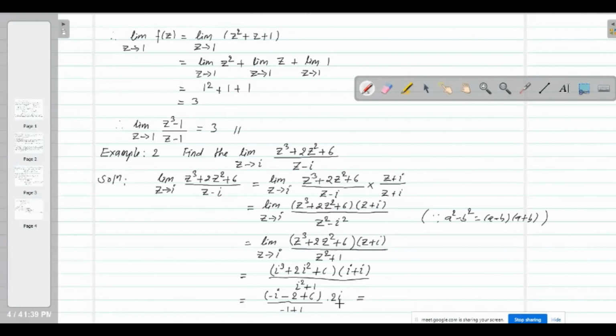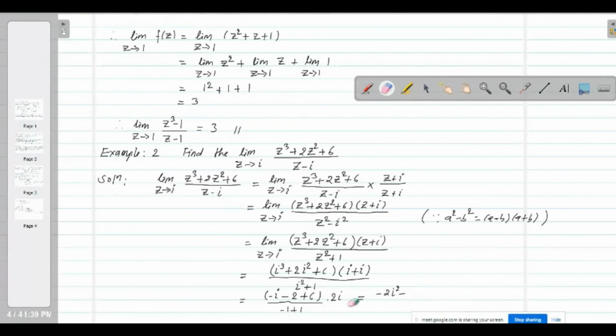So this gives, if I multiply here, minus 2 times i squared minus 2i, that is 4i.